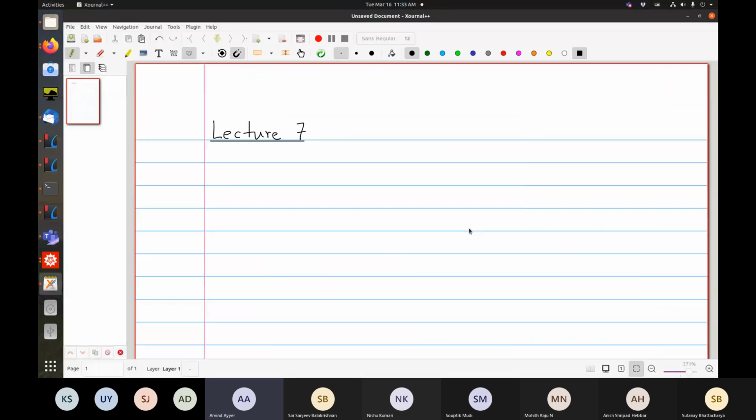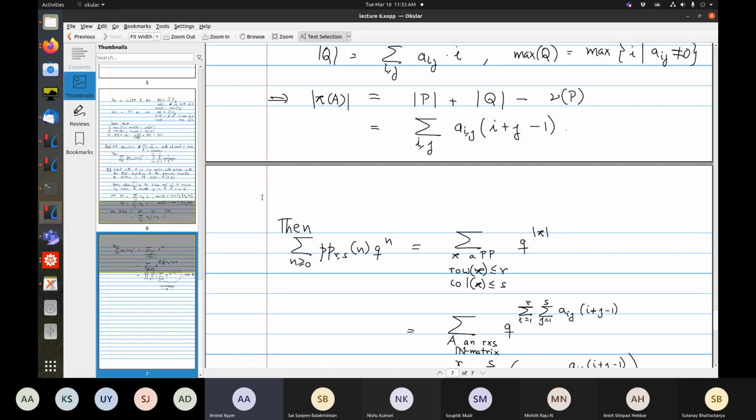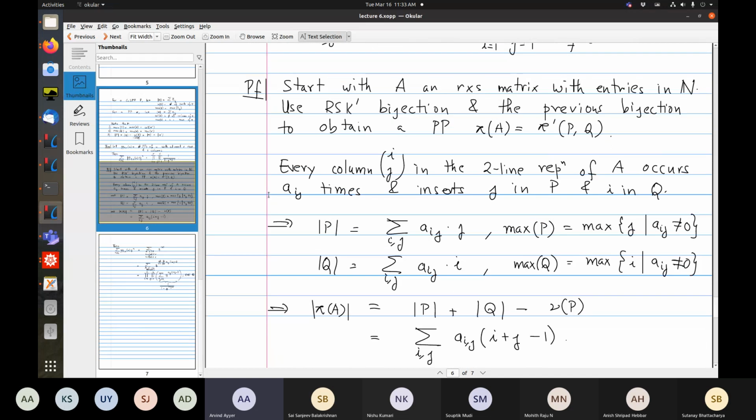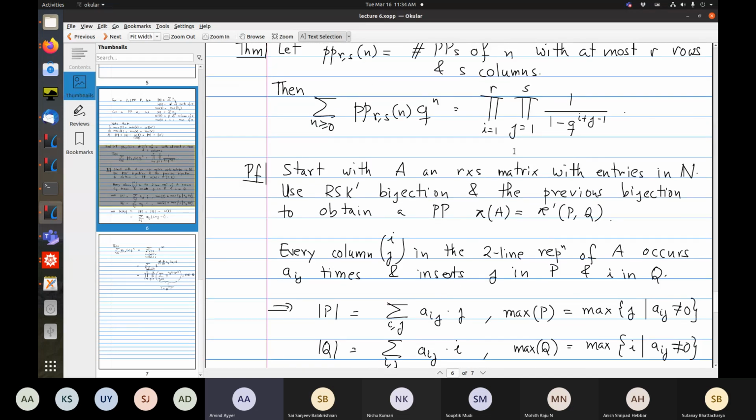So what remains to be done in this business is to prove the generating function for plane partitions. That's going to fall out as an easy corollary. So first, let us understand what's going on here.